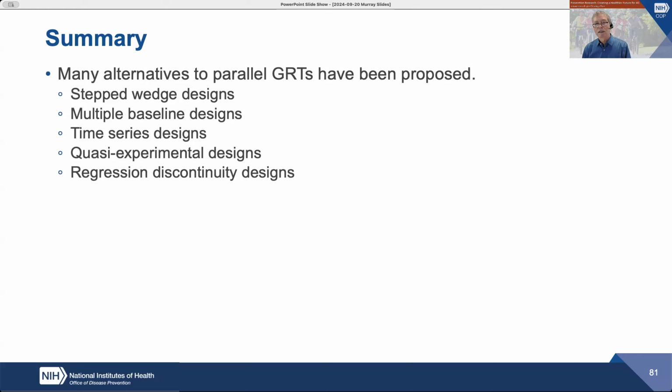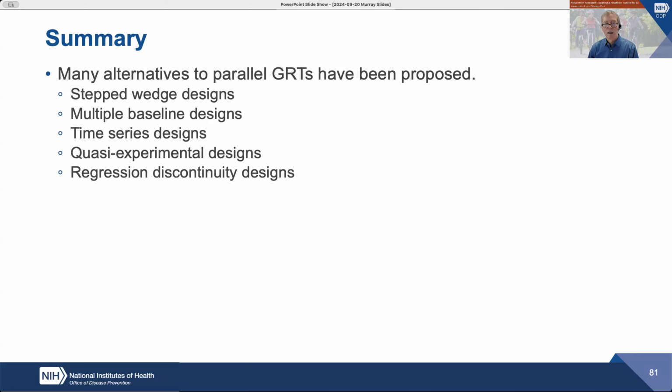The multiple baseline design has lots of apparent advantages, but when you look closely, the disadvantages are substantial. Time series designs are often the only kind of evaluation that you can do when you've got policy level interventions. So you can do pretty well with those if you've got plenty of observations, especially if you've got data on outcomes normally related to your outcome of interest, but unaffected by the intervention.